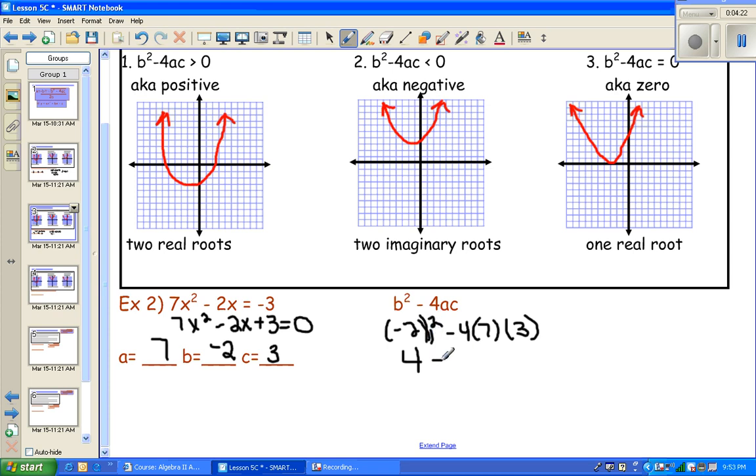And then minus 84. This is going to give us a discriminant of negative 80. So being that our discriminant is negative, or less than 0, then that tells us that our quadratic equation is going to have two imaginary roots.